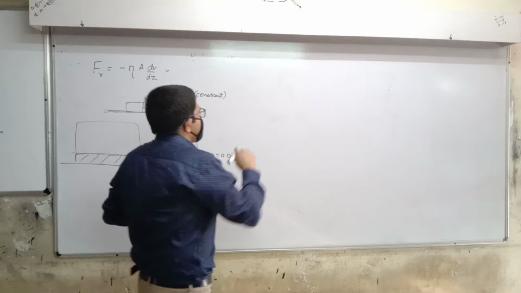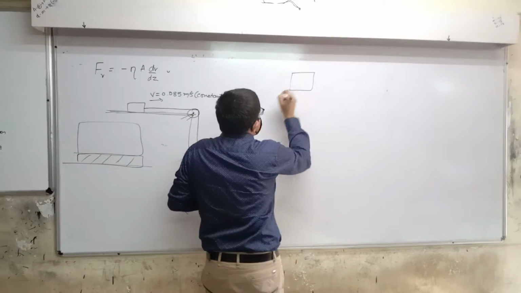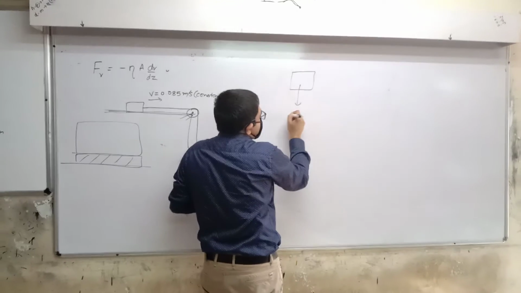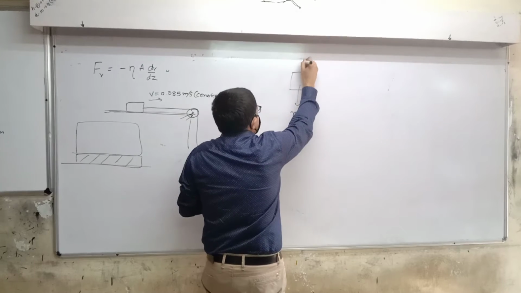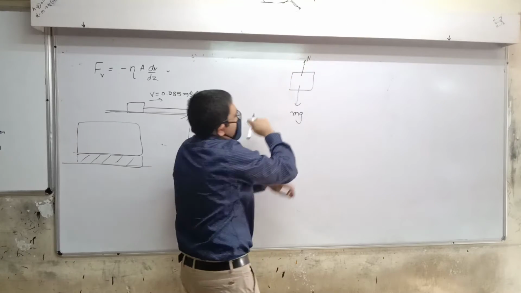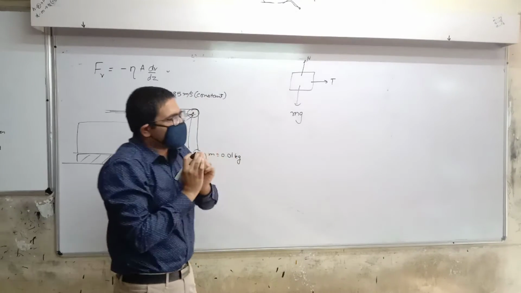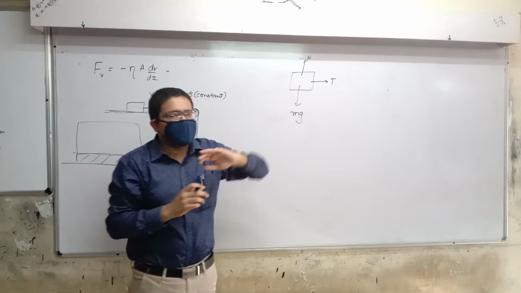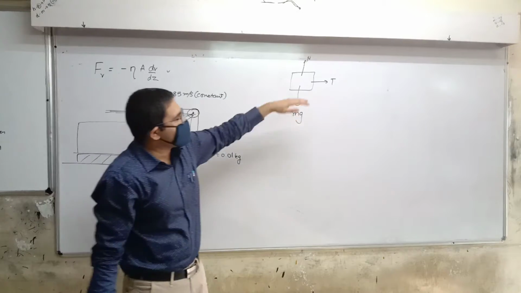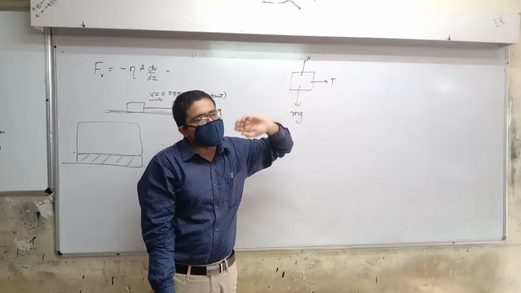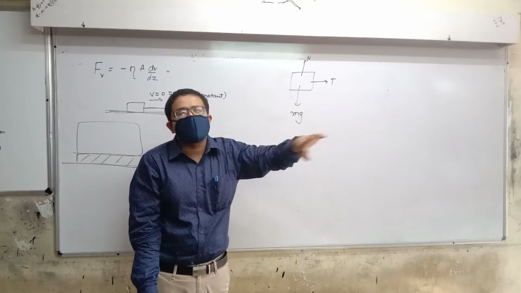Let's show it like this: downwards, upwards, okay. Right side, T. So N and mg are not a big problem. If there is T towards the right hand side, there is going to be some acceleration towards the right hand side, but there is not.